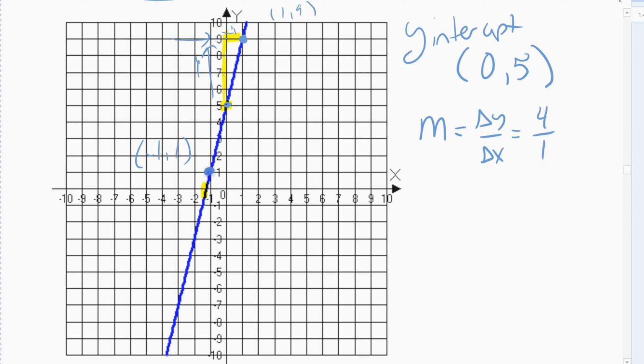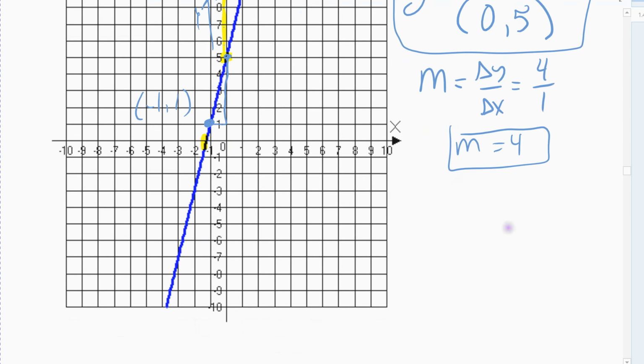If I start here at 1, 1, I'm going to go over 1 and up 4, right up to 5. And so it also is my change in y. I'm going up by 4 and over by 1, and so my slope is 4. Okay, so my y-intercept is 5. And so that means the equation, right, f of x equals m, which is 4, x plus b, which is 5.